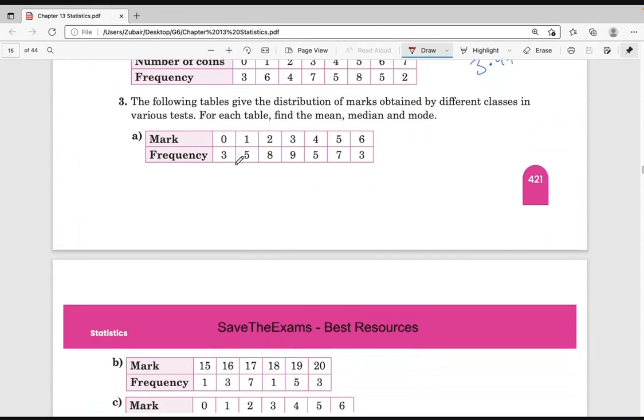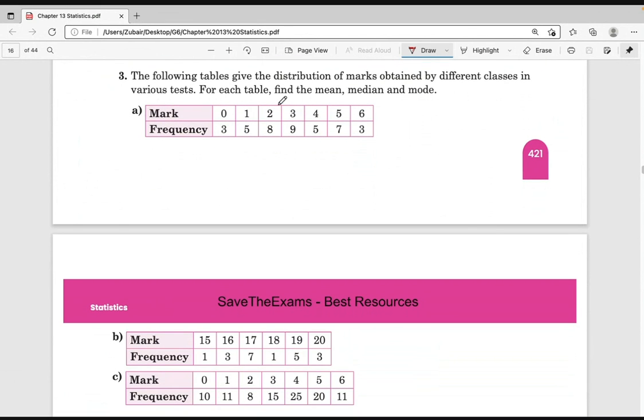The following tables give the distribution marks of this. For each table, find the mean, median, and mod. We can do this one. Find the mean and find the median. And what is the mod? Just state that. Yes, mod, sorry, I forgot. Which one is it?